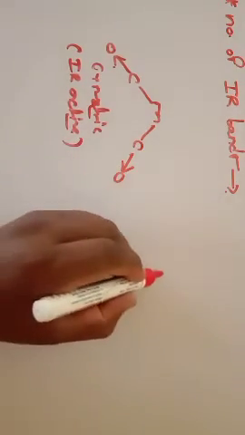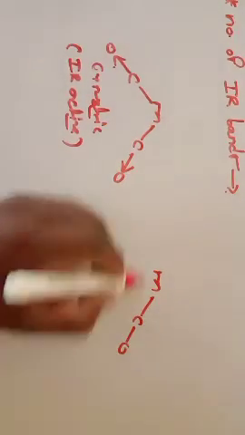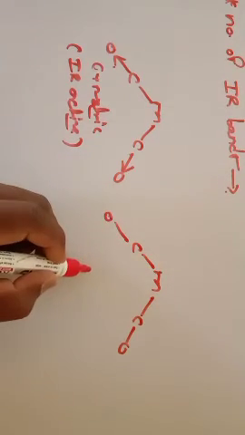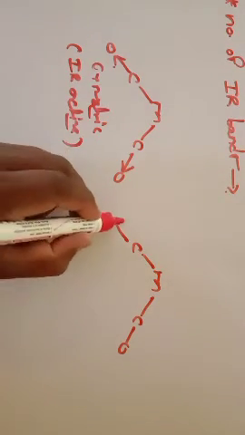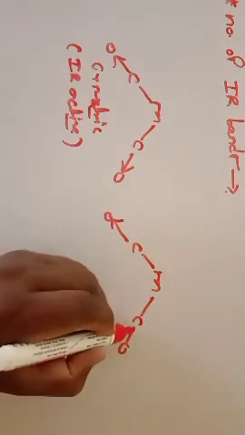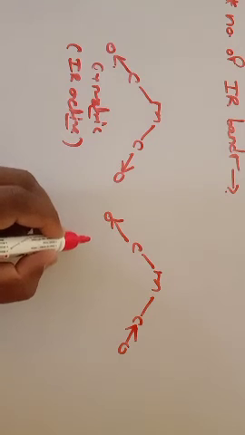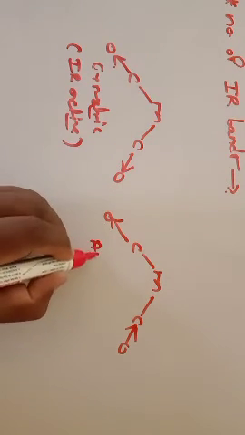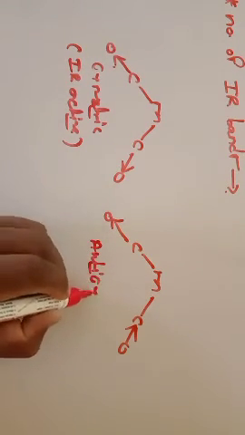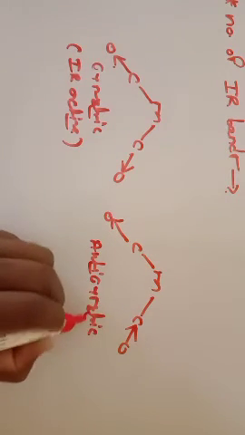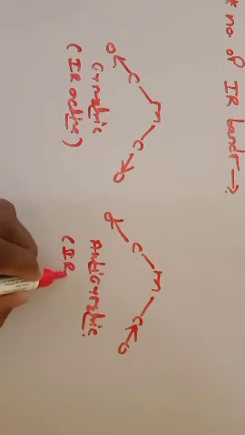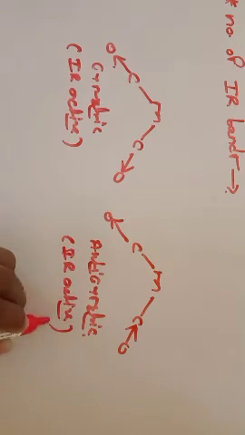Similarly, for the second mode of MCO, the antisymmetric stretching, there is also a change in dipole moment, and it is also IR active. So in this case we get two IR bands due to symmetric stretching as well as asymmetric stretching.